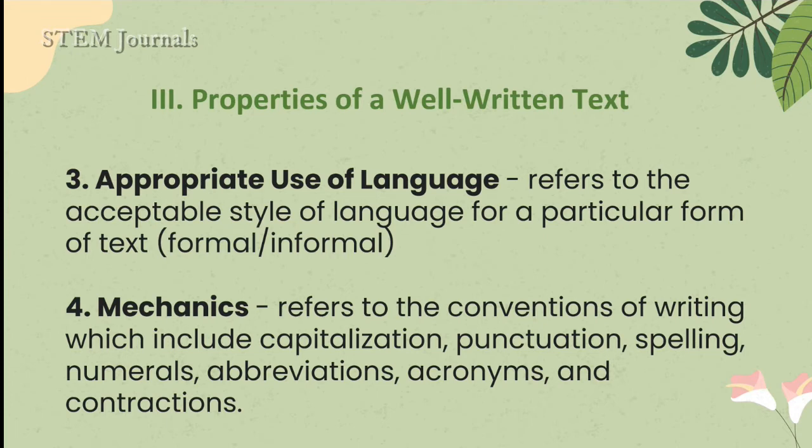So, it can be formal or informal. So, of course, kung academic paper yan, formal ba or informal? What do you use? Academic paper like research paper, is it formal or informal? Formal po. Okay, very good.